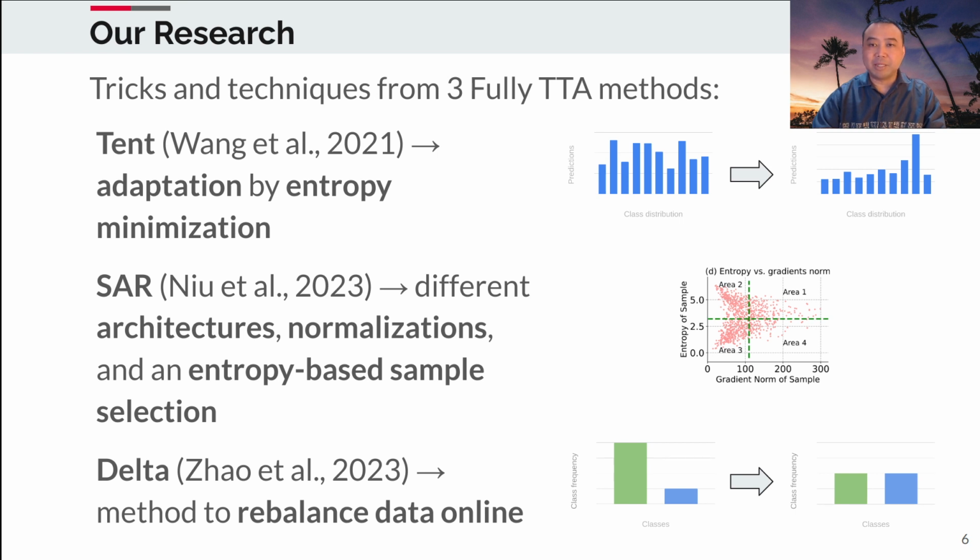In the second paper, the authors investigate different architectures, normalizations, and propose a method called SAR, which performs an entropy-based sample selection. Finally, in the third paper, the authors propose DELTA, which is a method to rebalance data online.